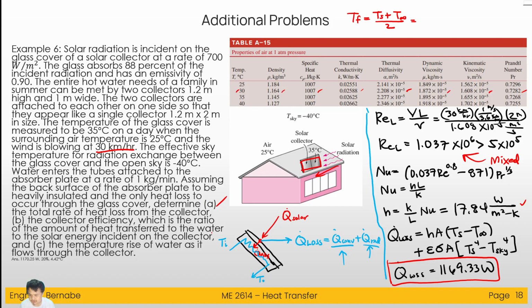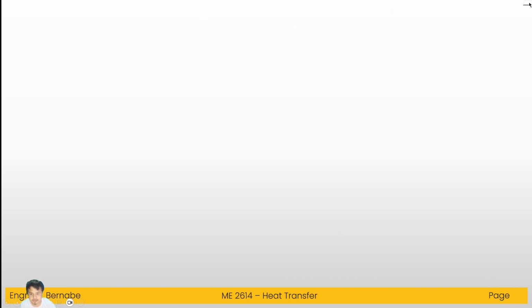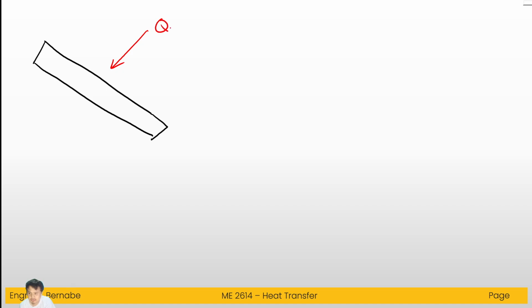Okay, so for letter B, we want to find the collector efficiency. If you have your solar collector, this is the side view. Heat is added due to solar irradiation and then it will be absorbed within.